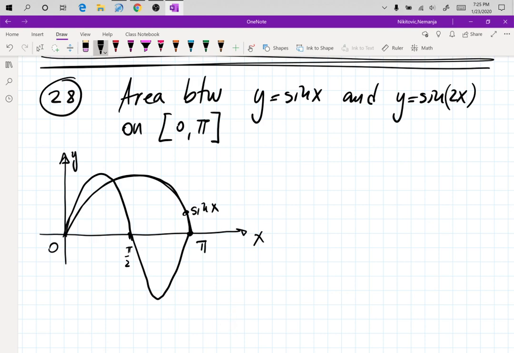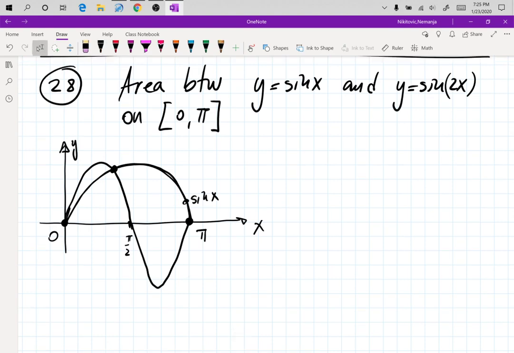We see that these two functions intersect at 3 locations. They intersect at 0, they intersect at this unknown location, and they intersect at pi as well. To find the unknown intersection, we are going to set the two functions equal.